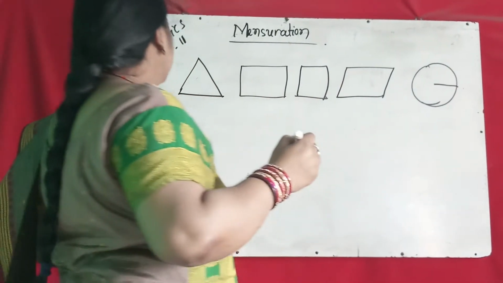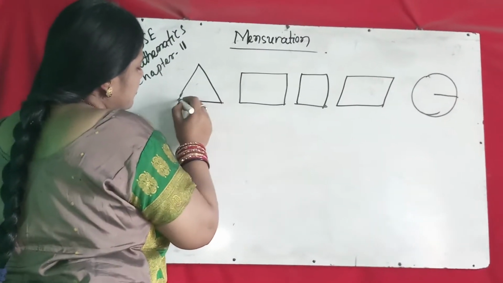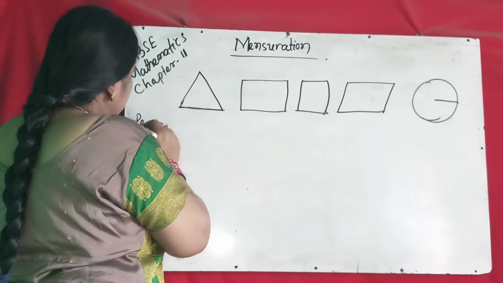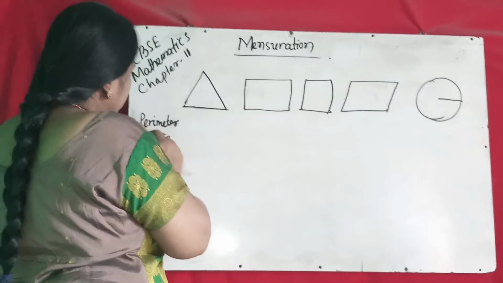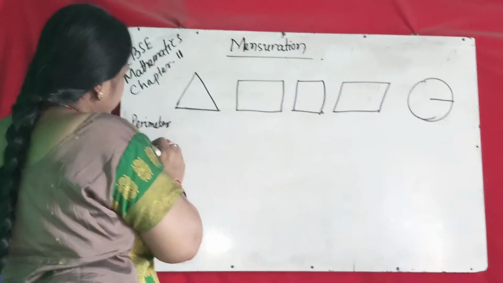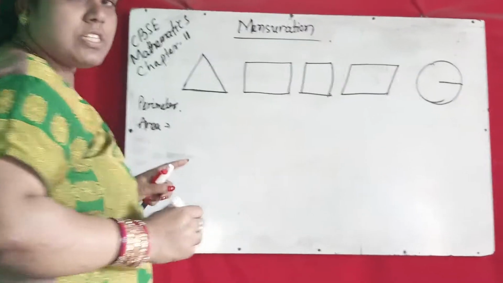Okay. So it is a triangle, you can say it has a base. So we write perimeter, then area. Here perimeter means sum of all sides.